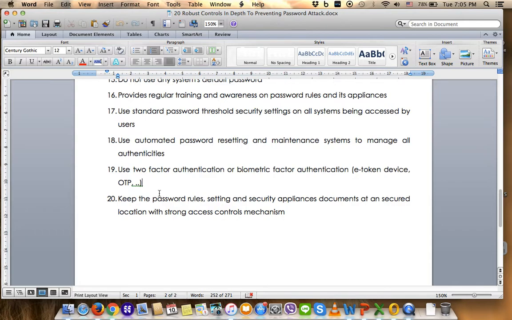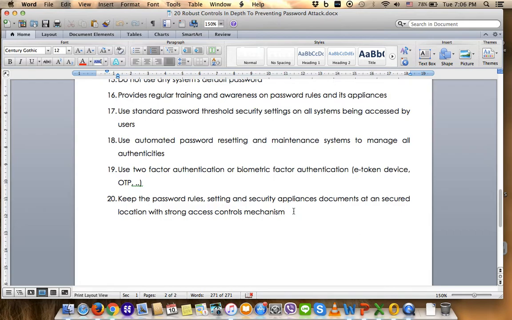The last control is to keep the password rule, settings and security documents at a secure location with a strong access control mechanism. This is an area that IT security needs to emphasize for any documentation that presents the password rule, password setting, PIN or root account setting.